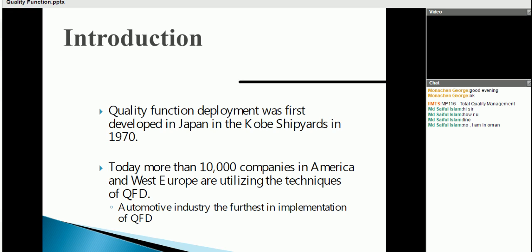In simple terms, quality is a measure of customer satisfaction with a product or a service. QFD is a structured method that uses 7 management and planning tools to identify and prioritize the customer's expectations quickly and effectively. It was first developed in Japan in the year 1960 as a form of cause and effect analysis.